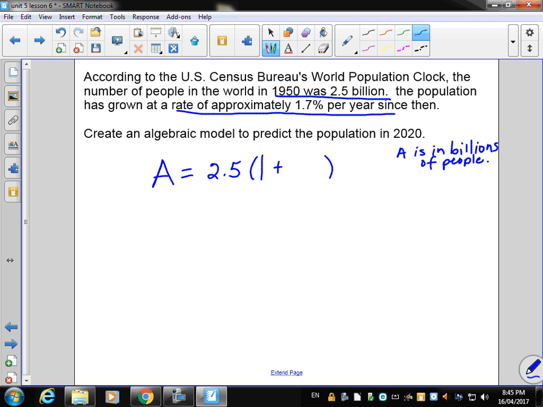So I am going to write that as a decimal. Decimal 0.01 would be 1%. 1.7%, I just tack that 7 on the end. So my base or rate of growth is 1.017 to the n, where n is number of years.